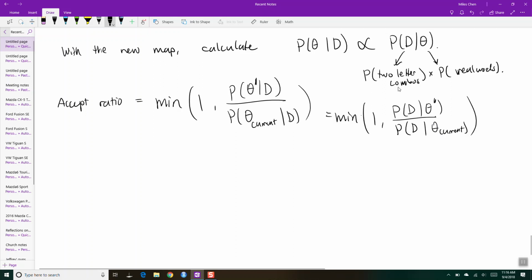So we have this, okay, and we figure this out. That's your acceptance ratio, and then you either accept or reject the proposed mapping theta prime, okay? And then you let that run, and even though you start off with a terrible starting location, it should get you to a region of higher probability.